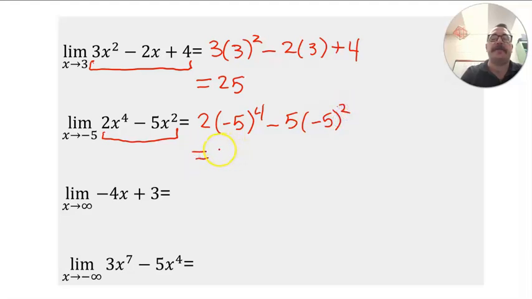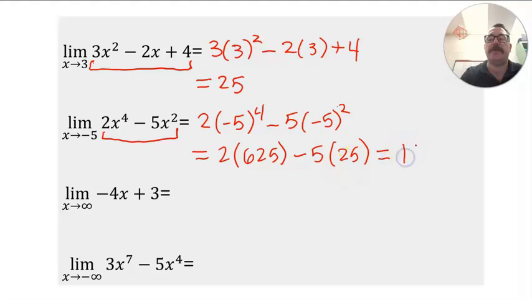So negative 5 to the fourth is 625. And then minus 5 times 5 squared, which is 25. So 2 times 625 is 1250. Then minus 125 would be 1,125.